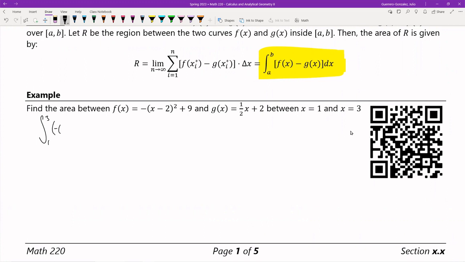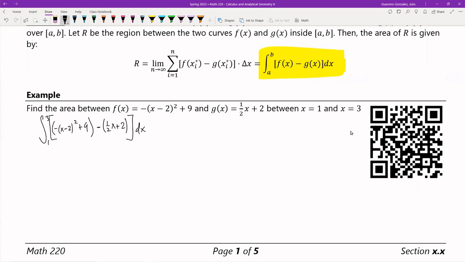So it's going to be the minus (x minus 2) squared plus 9 minus the area of g of x, right? So minus 1/2 x plus 2, okay? I'm going to put that in big brackets to say that that is my integrand, and we're doing this according to the x variable, so dx, okay?